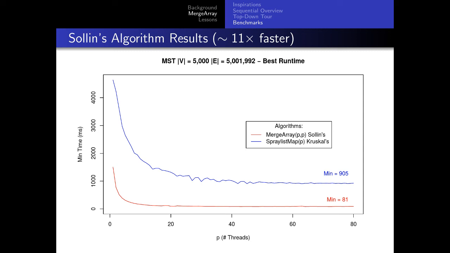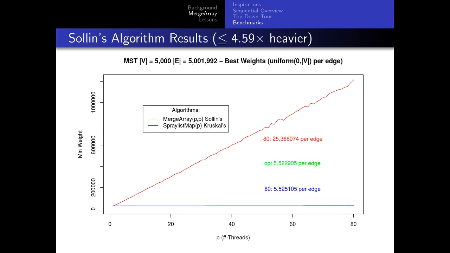But because it's a more relaxed data structure, the quality of your minimum spanning tree suffers, because it's not really minimum, it's a relaxed minimum. Minimum-ish. Yeah, it's a small spanning tree.